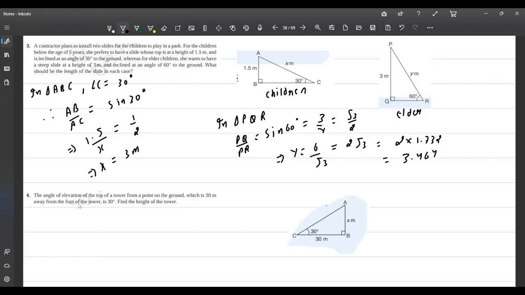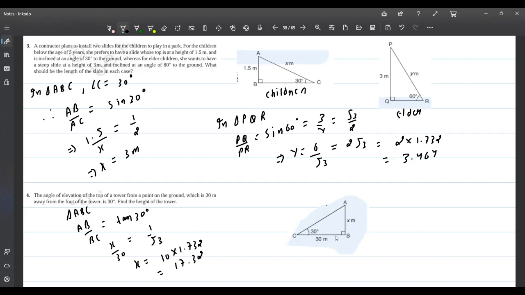So in a right angle triangle ABC, AB upon BC is equal to tan 30 degree, and this is equal to x upon 30, 1 upon root 3. So x is equal to 30 into 1.732 upon 3.